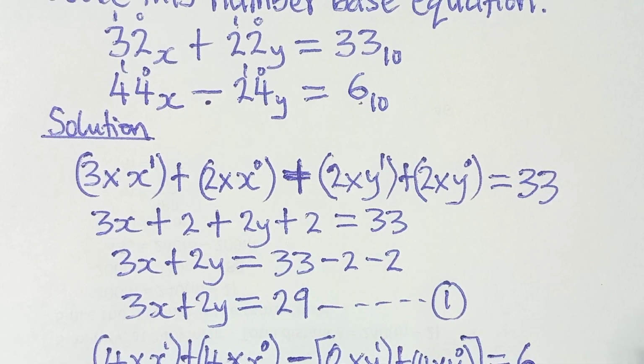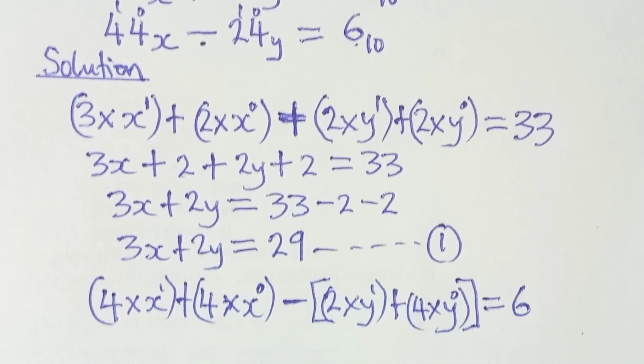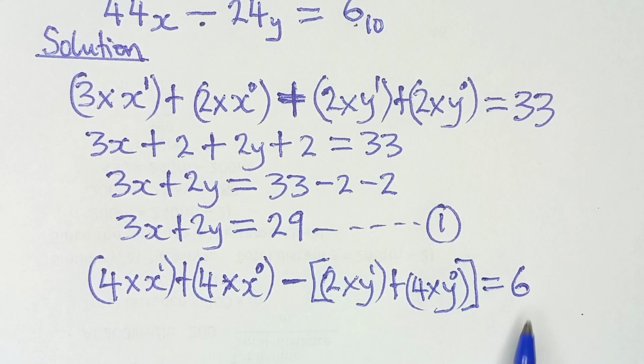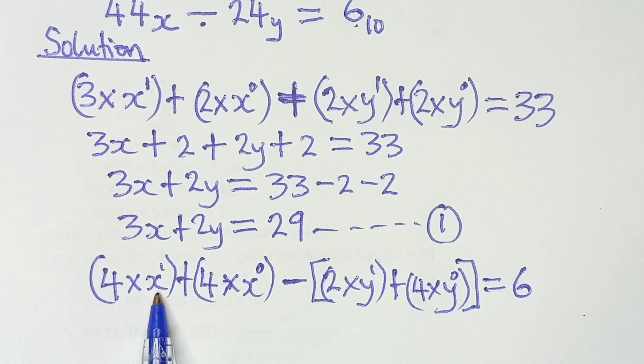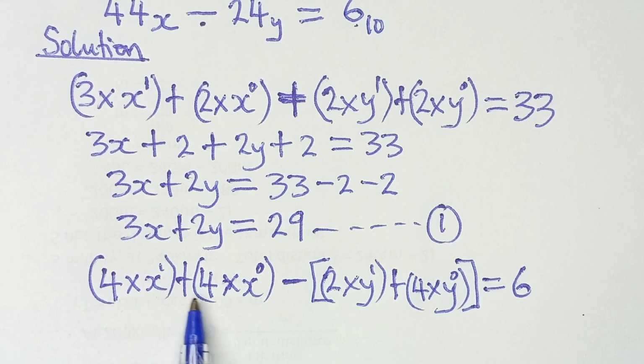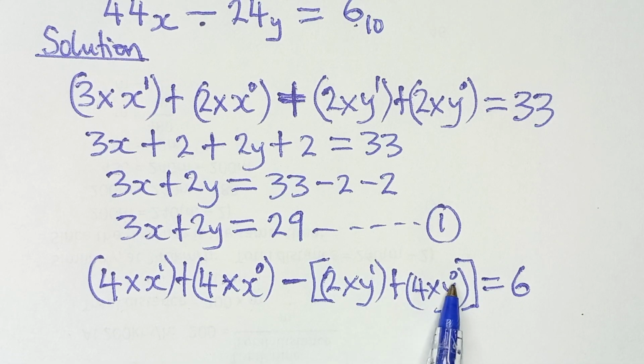That is 6. So everything should be equal to 6. So this is what I've just done now. 4x raised power 1 added to 4x raised power 0 minus 2y raised power 1 plus 4y raised power 0, and that will be equal to 6.